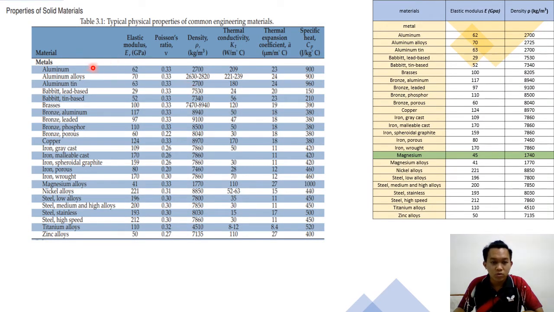By referring to table 3.1, I found that magnesium is not included in this table, and it only has magnesium alloys. Therefore, I added magnesium into table 3.1 to make the comparison with the other metals in table 3.1.